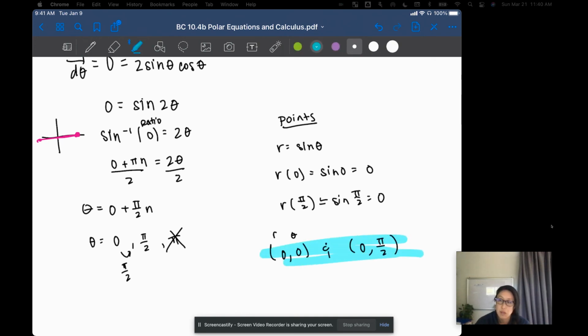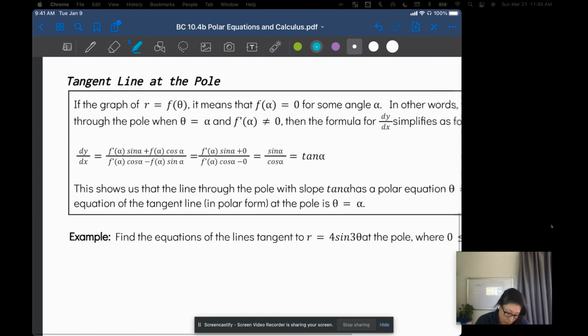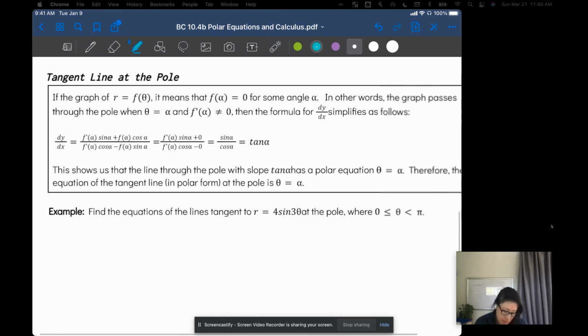All right, last one. Okay, this whole box tells us that when we're looking for a tangent line at a pole, the pole is the center of the polar grid. So when r is equal to 0, we don't know what angles would give us an r equal to 0.